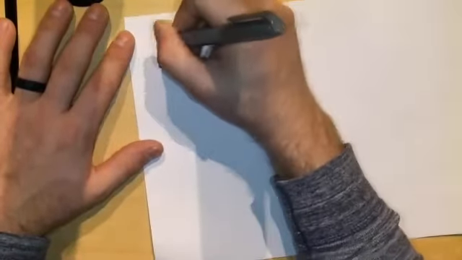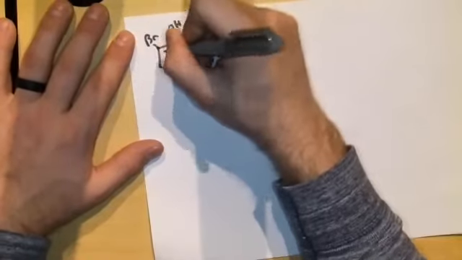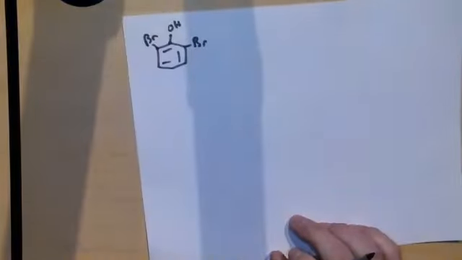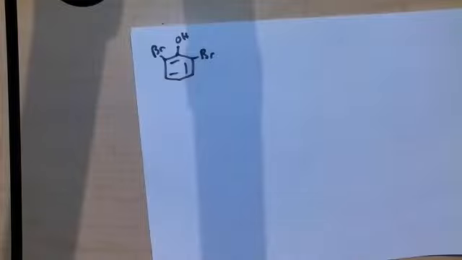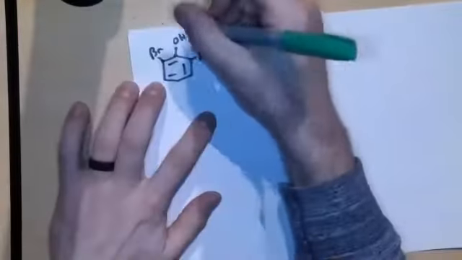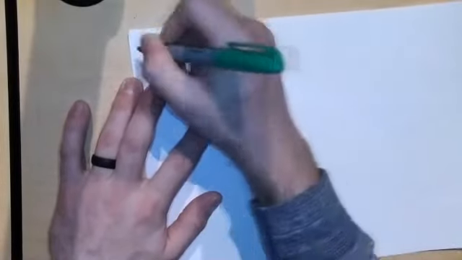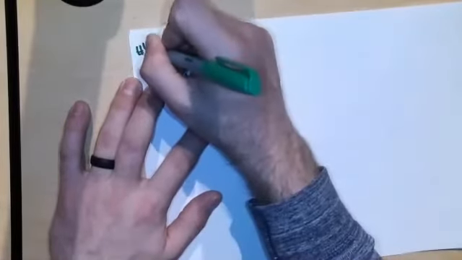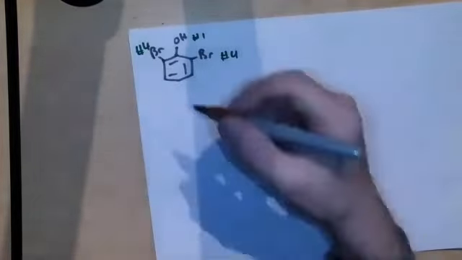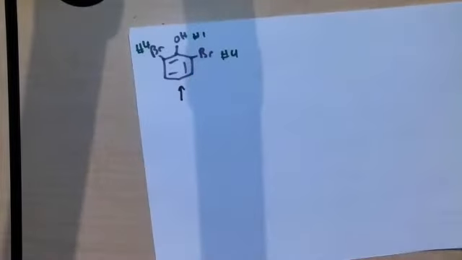Put bromines on here. We have a group 1. We have 2 group 4s. Our group 1 is an ortho-para director. The 2 ortho positions are blocked, so that leaves the 1 para position at the bottom.